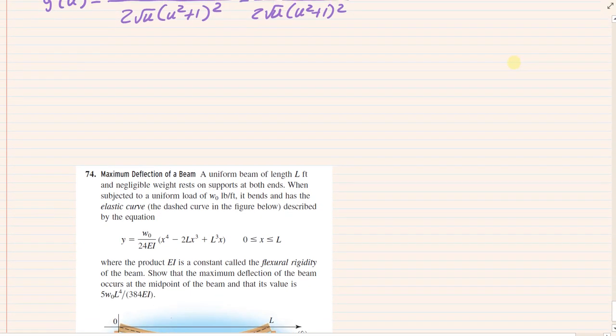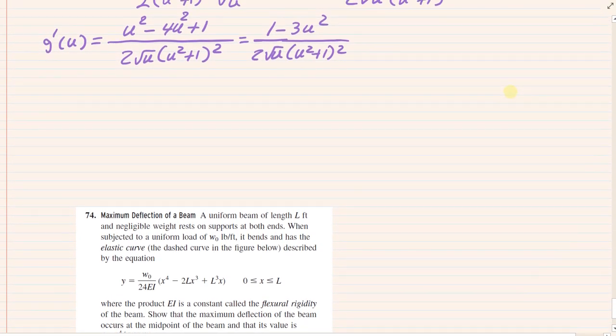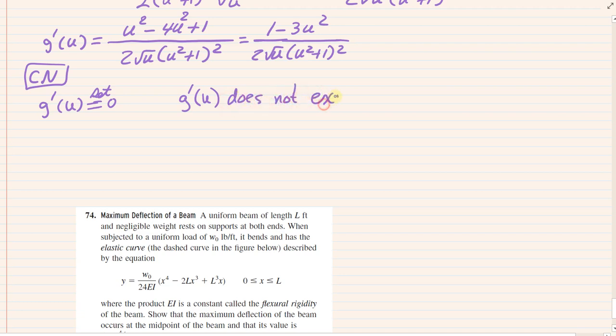Never mind, I was going to make sure my critical numbers aren't outside the domain, but we're given a closed interval anyhow, 0 to 2. Next, to find the critical numbers, we're going to set it equal to 0, and also where g prime of u does not exist. Remember the definition of critical numbers? Places where the derivative is 0 or doesn't exist.